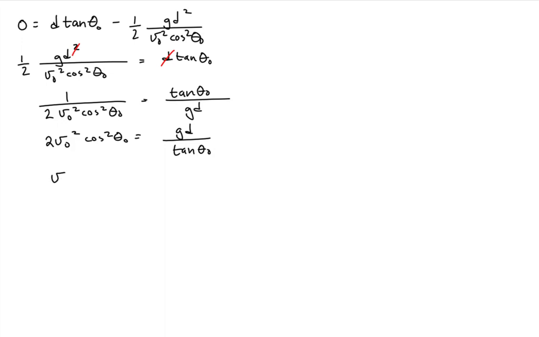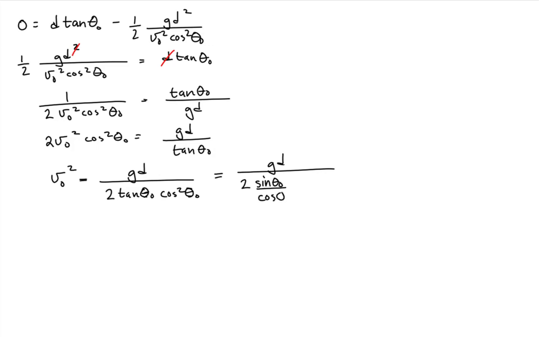Let's divide both sides by 2 cosine squared theta naught. So the left side we have v naught squared, the right side we have g d over 2 tangent of theta naught cosine squared of theta naught. Well, working with the right side, I see I could probably simplify those trig functions. Tangent of theta naught is equal to sine of theta naught over cosine theta naught.